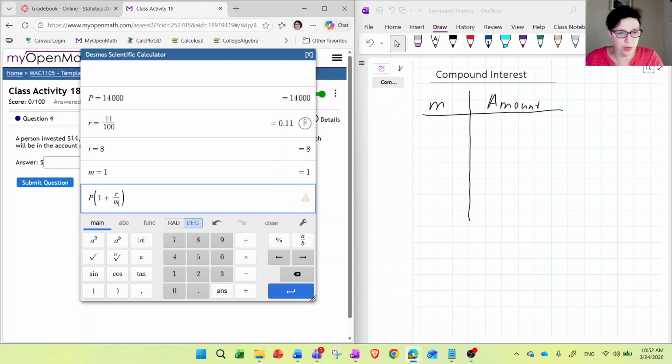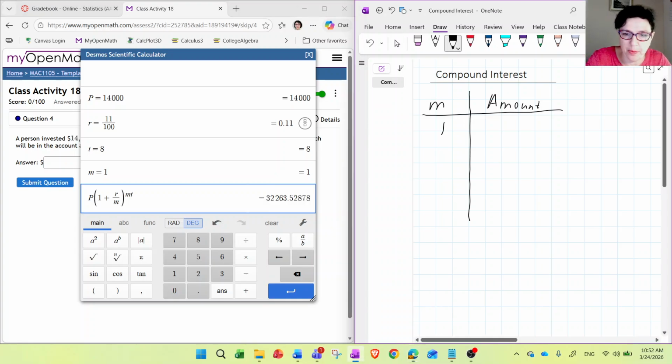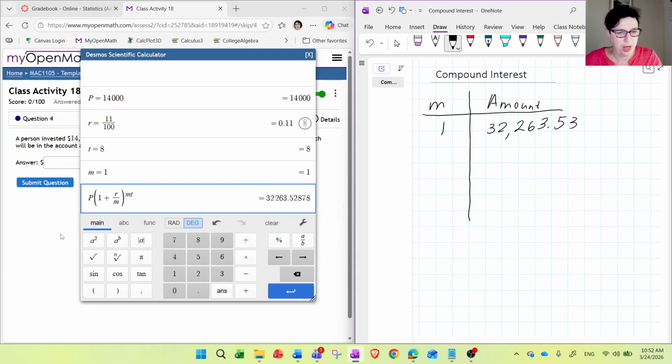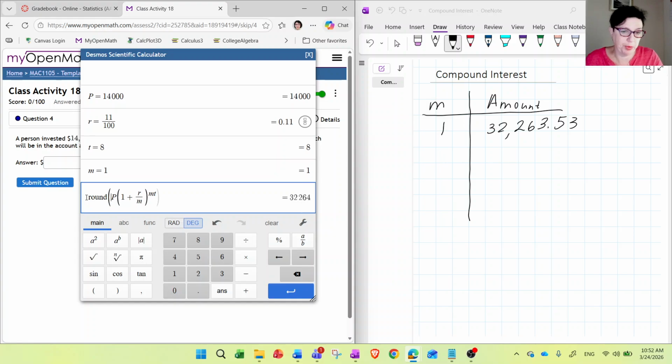And then you raise it to the power MT. So that's the amount. If it's annual compounding, we got 32,263 and 53 cents. Let me round this to 2 decimal places, because with money, you have dollars and cents.